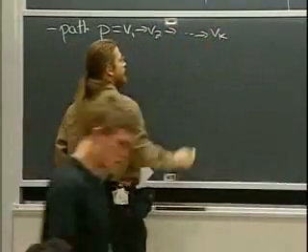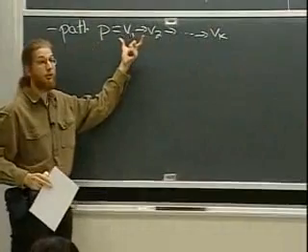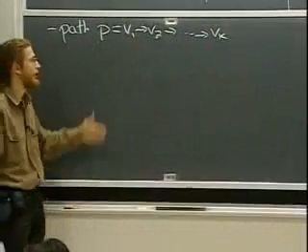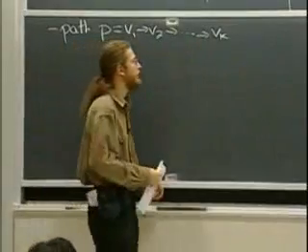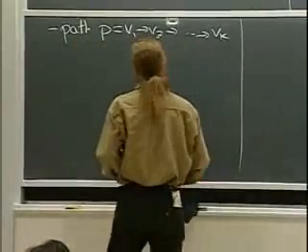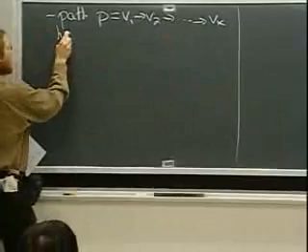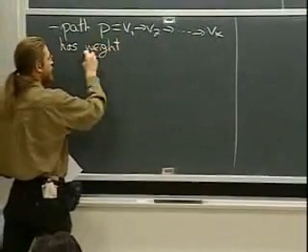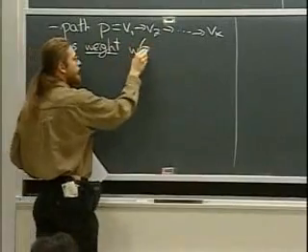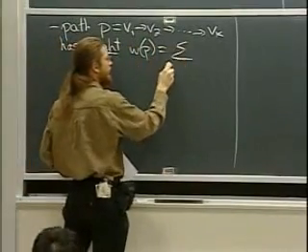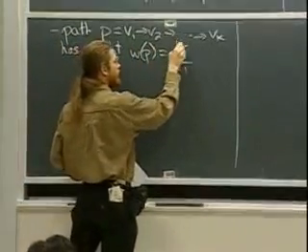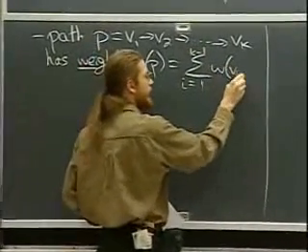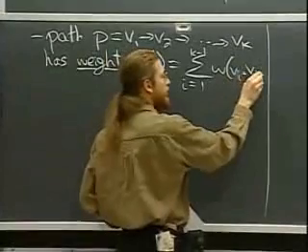Let's say the last vertex is VK, and each of these should be a directed edge in the digraph. Okay, so this is a directed path, has to respect edges in here. And we'll say that the weight of such a path is just the sum of the weights of the edges along the path. And we'll call that W of P. It's the sum i equals 1 to k minus 1 of W of (vi, vi plus 1).